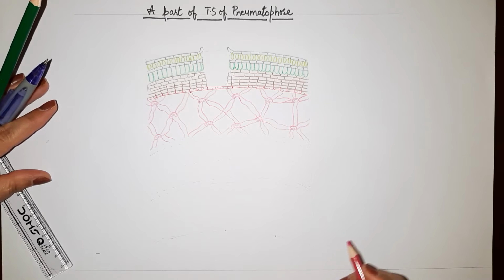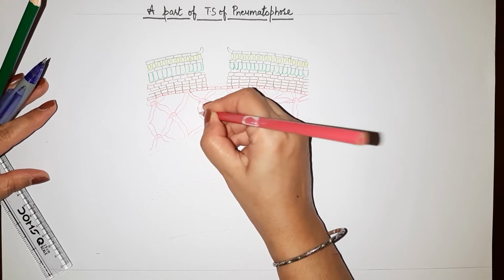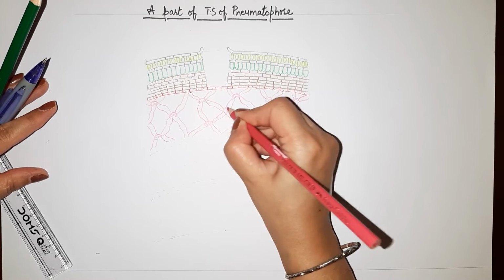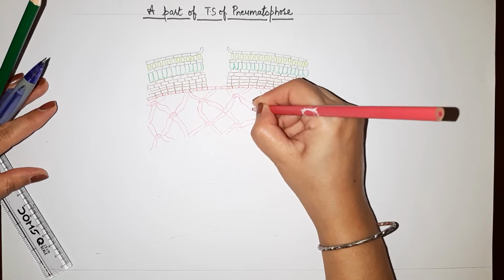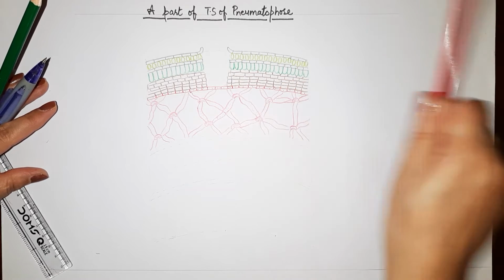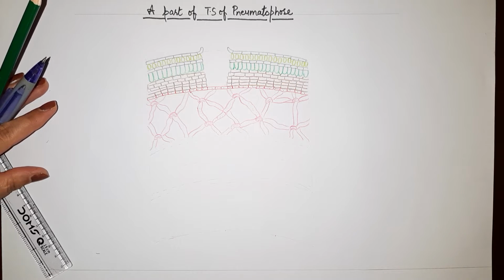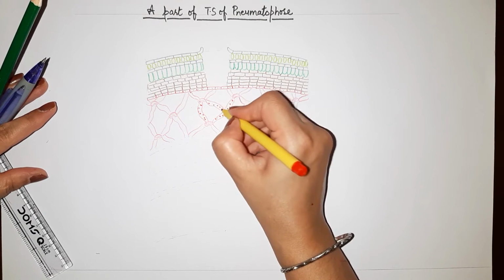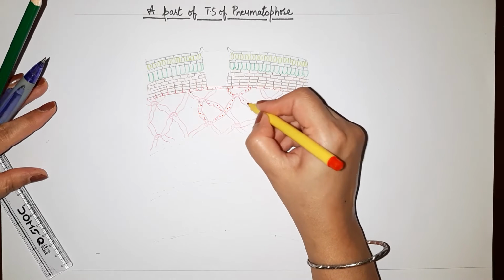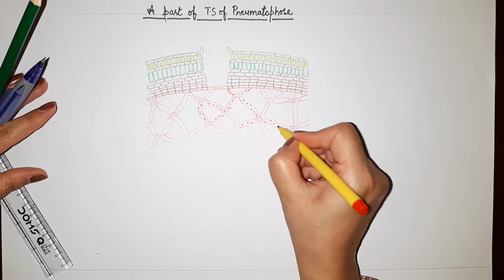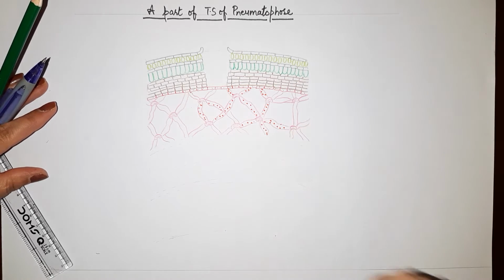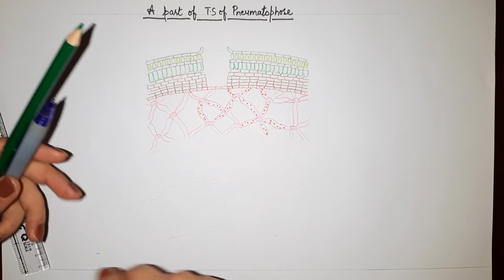Okay, so this is a layer of cortex, and in this you will show dots which represent chloroplast. So this way you can complete this area. Now the next part is endodermis.